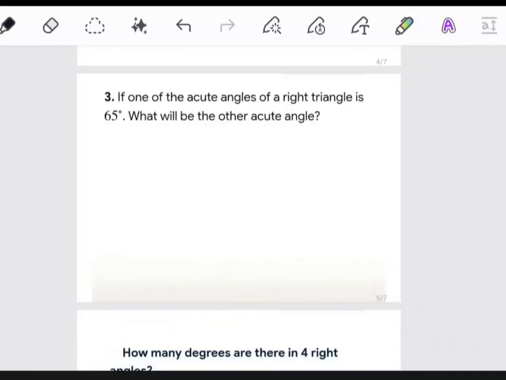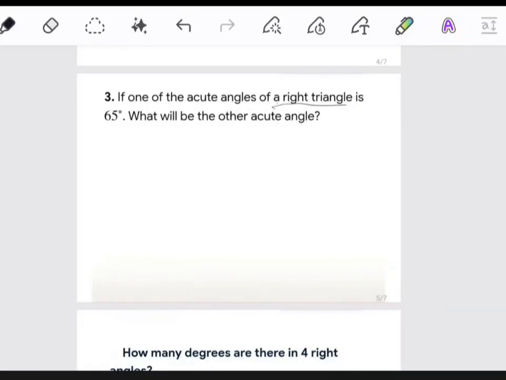Question number 3. If one of the acute angles of a right triangle is 65 degrees, what will be the other acute angle? To find the missing angle, we subtract the known angle from 90 degrees, because it is a right-angled triangle.